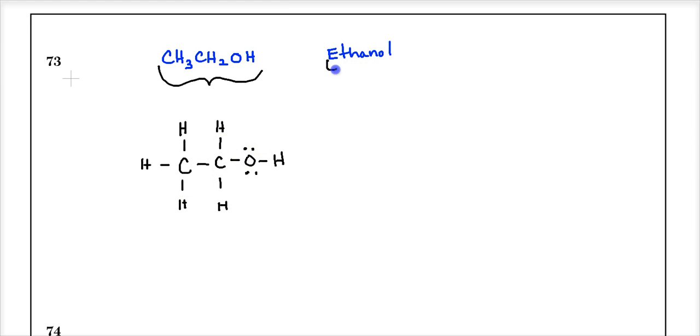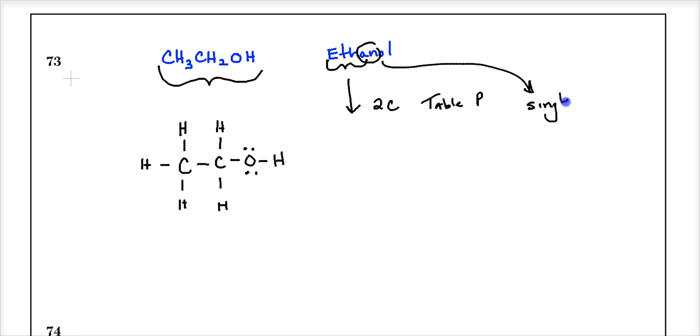Eth, if you remember, means 2 carbons. And that's from table P. The ane part means that they're single bonded, if you wanted to go that route. This is from table Q. And the ol part means you have an alcohol or a hydroxyl group.